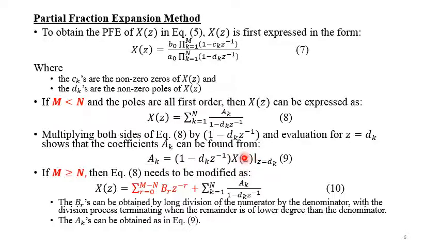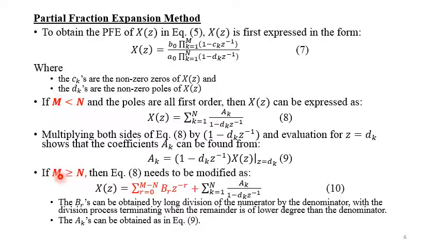Once you multiply with this, the 1 minus dk term will be cancelled, and using the other terms where we replace z with dk, we can easily find ak. We'll do some numerical examples on these so that they become easy for you, but up to now I think you are quite familiar with them. You have done this in mathematics also, right?